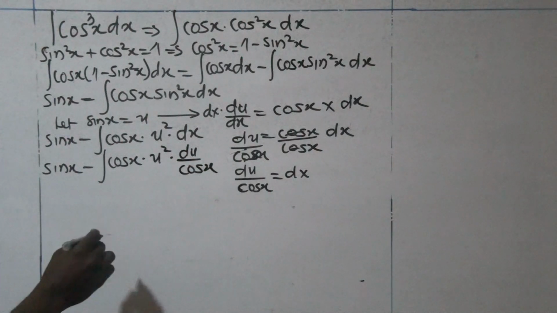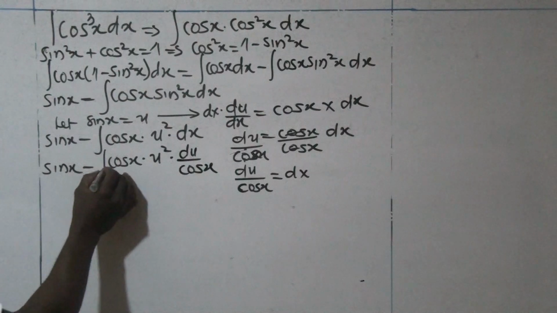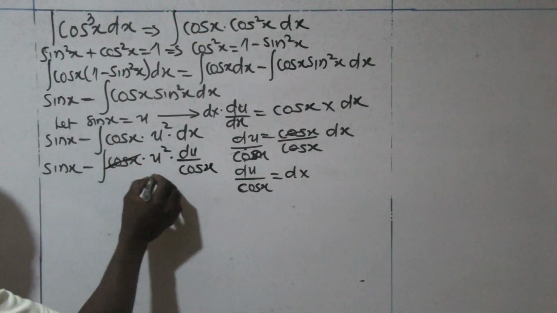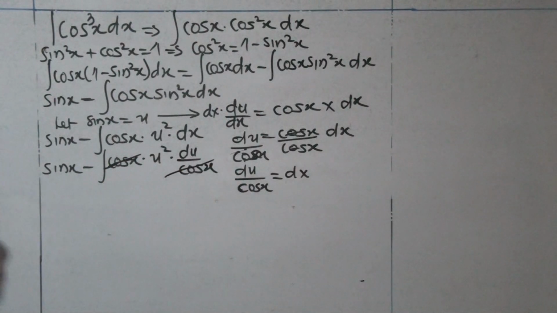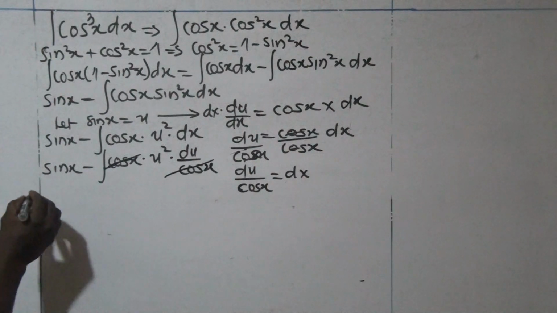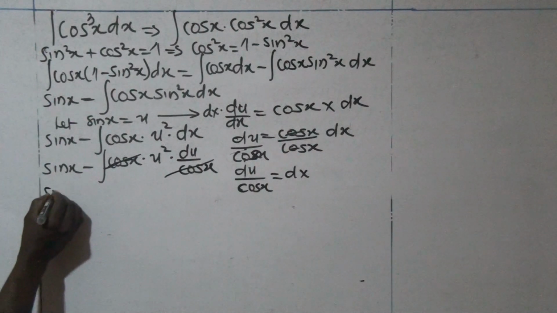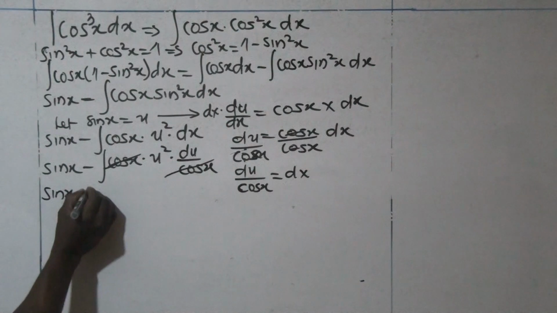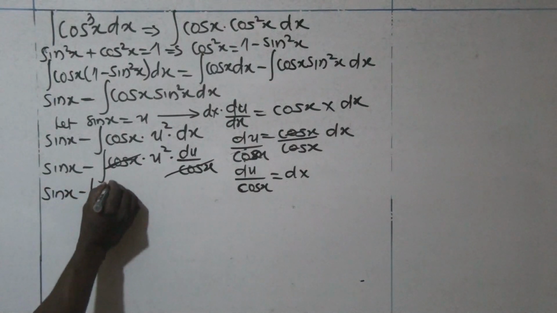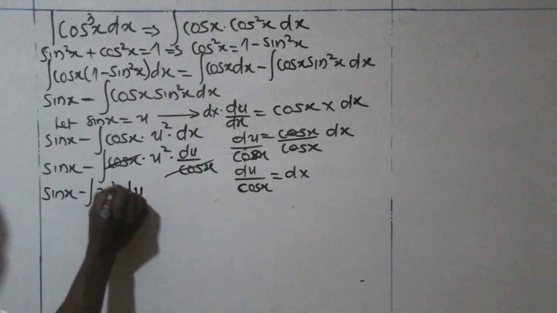So it is easy to see that cos x at the numerator and cos x at the denominator cancel, and our integral becomes sine x minus the integral of u square du.